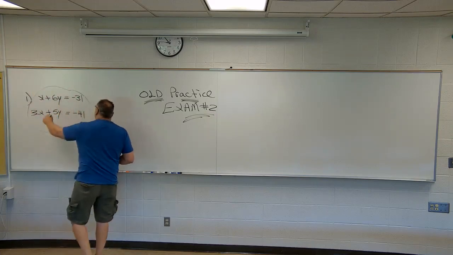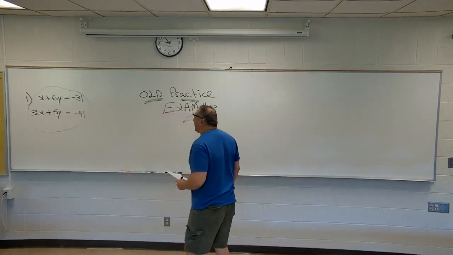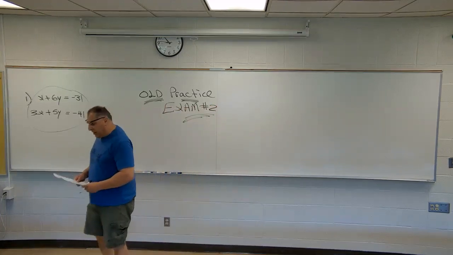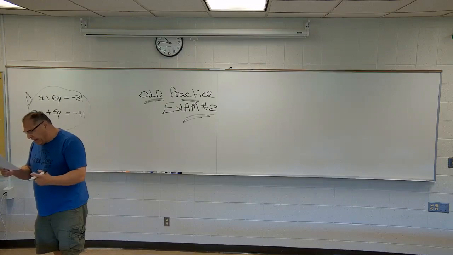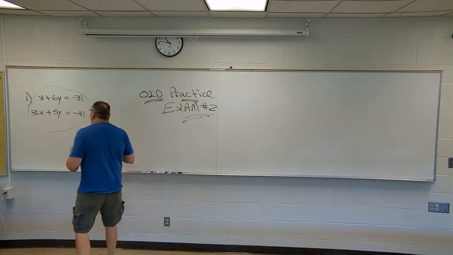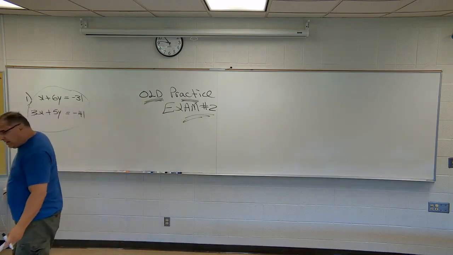How do you do this? How would you do something like this using the substitution method? And you can also do it using the elimination method as well. So the substitution method is you solve for one of the variables, and then you plug that variable into the other equation. Let me show you.